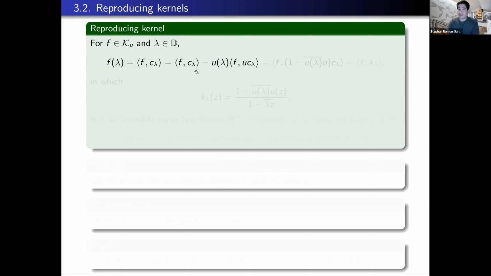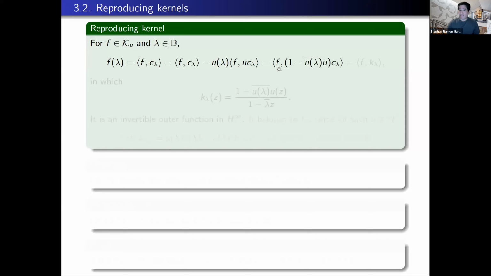What I'm going to do next is say, well, I can subtract off this bit because F is in the model space. So that means F is orthogonal to everything in UH2. So what I have here is U times some H2 function. So this inner product is 0. So I'm allowed to tack this on.